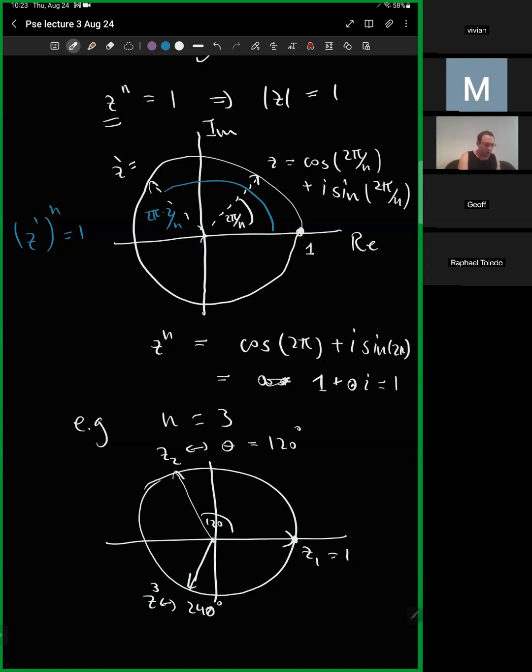If you write it in radians, this would be 2 pi divided by 3, and this would be 2 pi times 2 divided by 3.